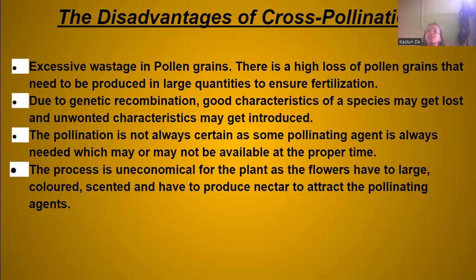Okay, the process is uneconomical for the plant, as the flowers have to be large, colored, scented, and have to produce nectar to attract the pollinating agents. Lots of energy is wasted in producing these showy things to attract pollinating agents.